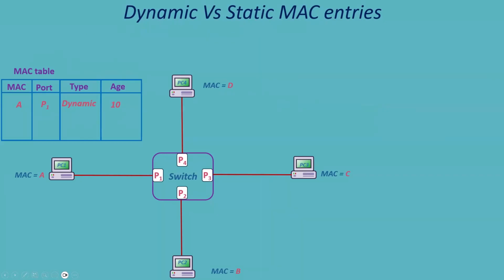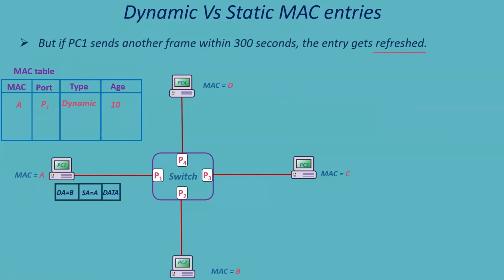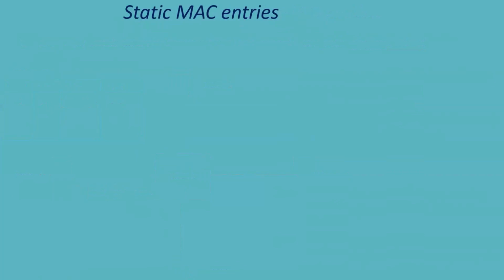At this juncture, a frame arrives on port P1 with the same source address of A. It checks the frame's source address field, finds it to be A, checks the MAC address table, and the entry is there. What it does is it resets or refreshes the age back to 300. The timer is reset to 300. This concept is known as refreshing of the MAC table entry.